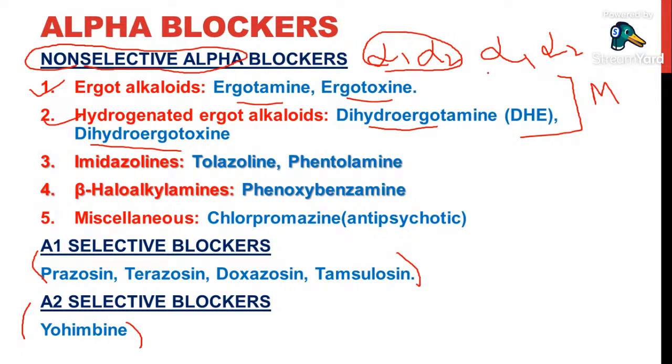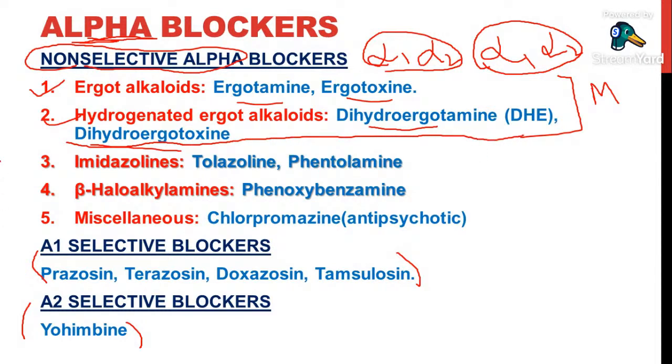Along with agonist action, they also have alpha 1 and alpha 2 blocking activity. Due to these unspecific actions, the agonist and antagonist actions of these ergot alkaloids, we don't commonly use these drugs for alpha blocking activity. Usually these ergot alkaloids are used in migraine. Anyways, we are not discussing migraine, so this category of drugs we will skip in this session.